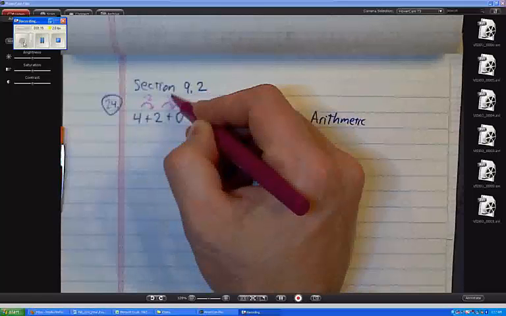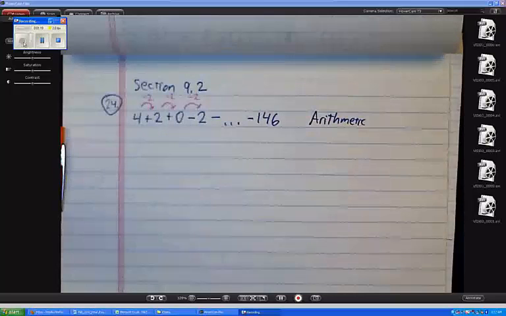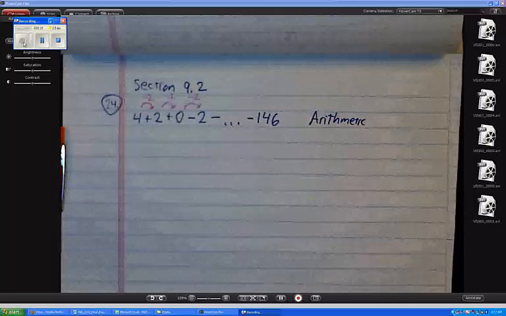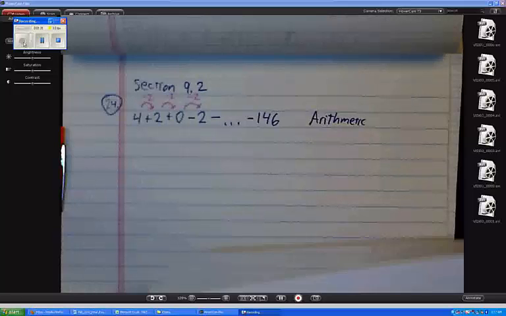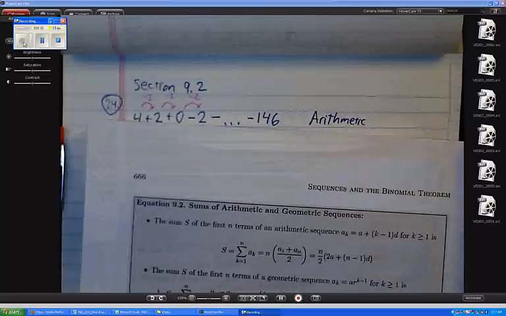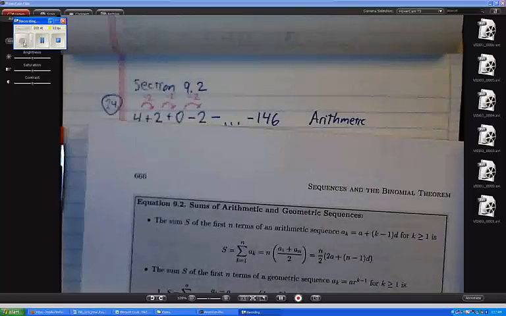Does that make sense to people? So I have an arithmetic sequence. And so if I want to use equation 9.2 to come up with the sum, well, there it is. The sum of the first n terms of an arithmetic sequence, a sub k equals a plus k minus 1 d for k greater than or equal to 1, is, well, this is kind of a crazy formula, and so you may need some help using it.